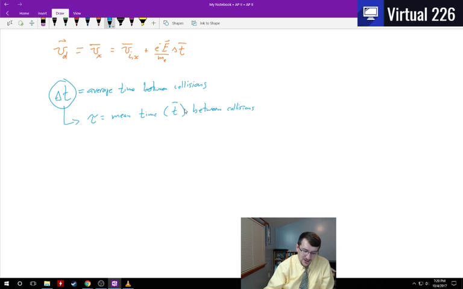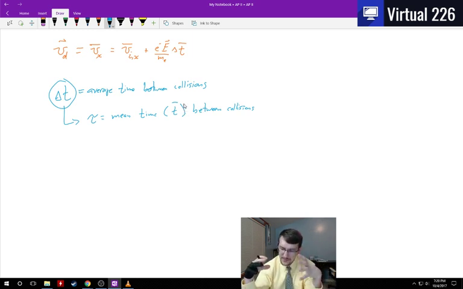And this tau is more of a property of the conductor we're acting through than anything else. Okay, it has to do with how big the conductor is, what it is made out of, what its density is.